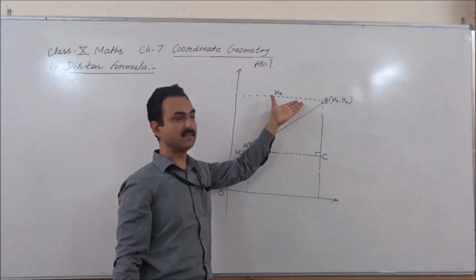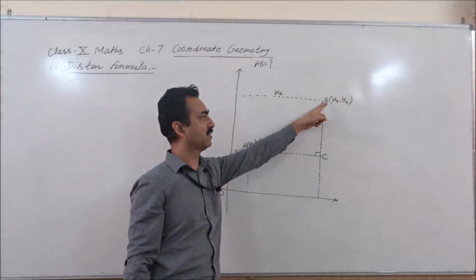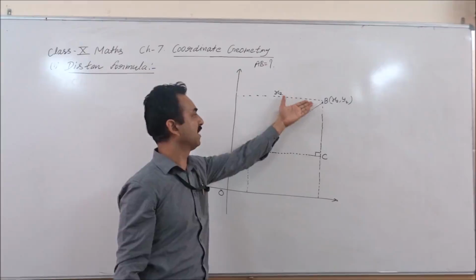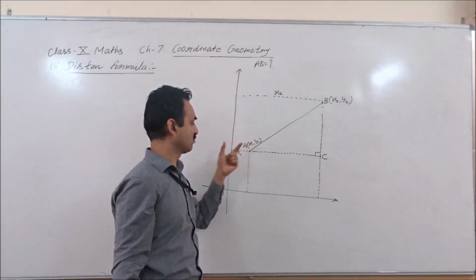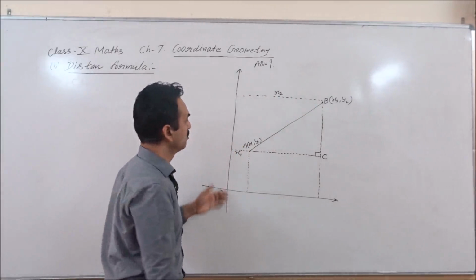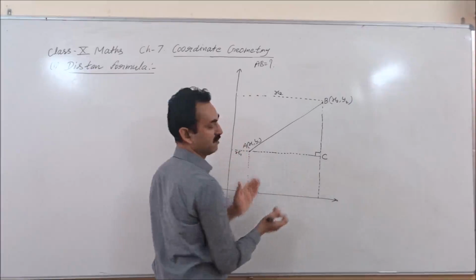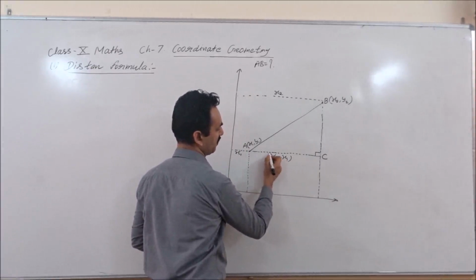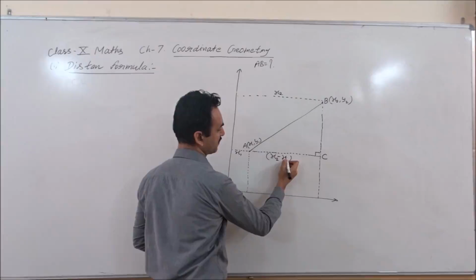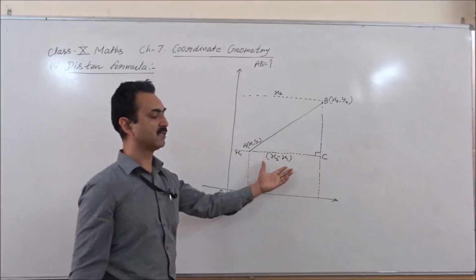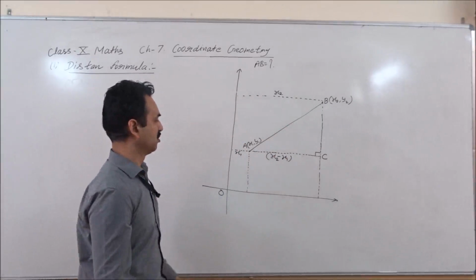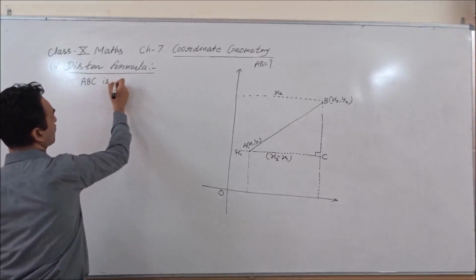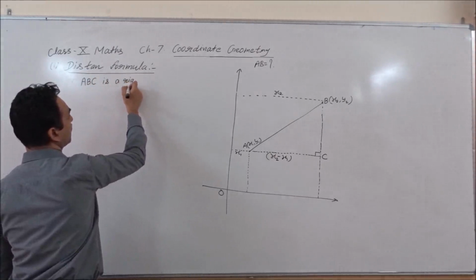The abscissa tells how far the point is from the y-axis. Same here, this is x1. So what remains is x2 minus x1. This length will be x2 minus x1. So we write here, ABC is a right angle triangle.